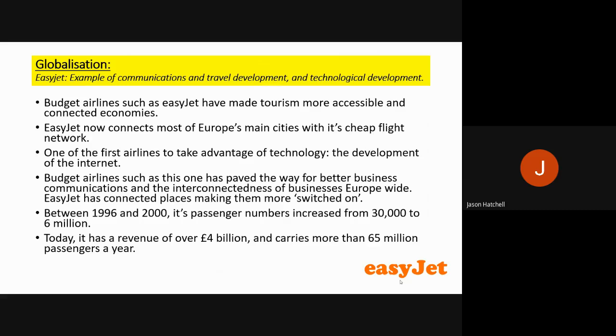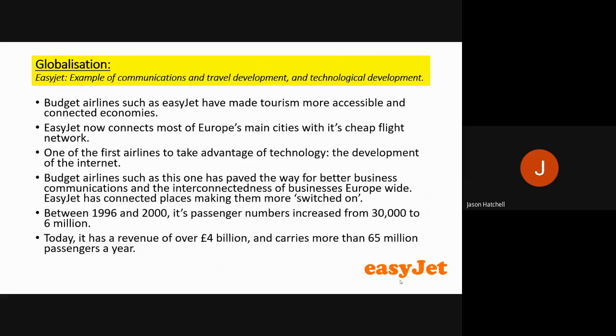Between 1996 and 2000, its passenger numbers increased from 30,000 people in 1996 to 6 million in 2000. So you can see that rapid growth in passenger numbers there, contributing to globalization, obviously, via the movement of people and tourism. And finally, today, it has a revenue of over £4 billion annually, carrying more than 65 million passengers a year.